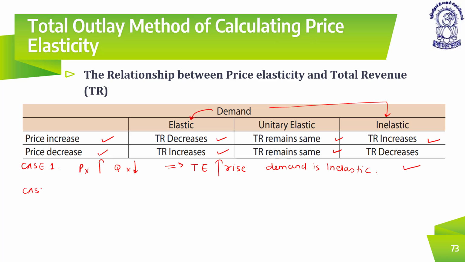Case 2: price of X increases slowly, but quantity of X decreases very steeply, faster, and total expenditure decreases. Demand is elastic.